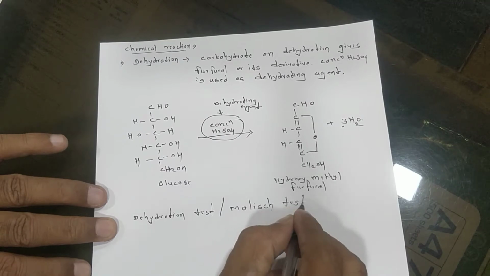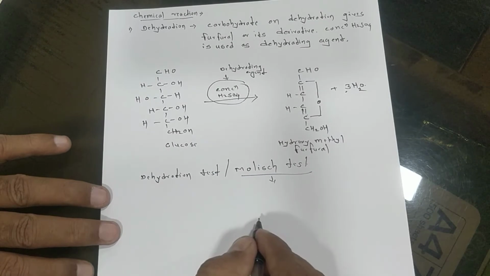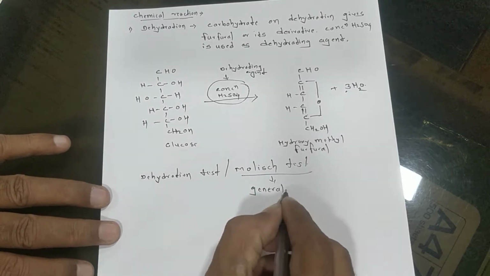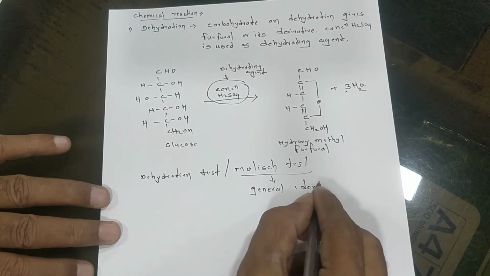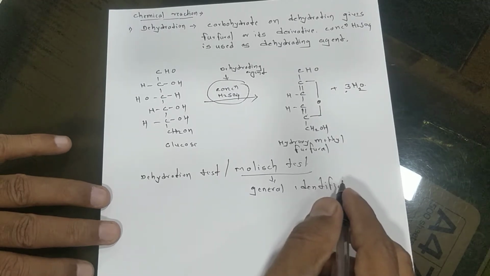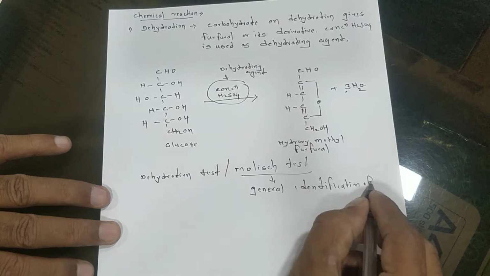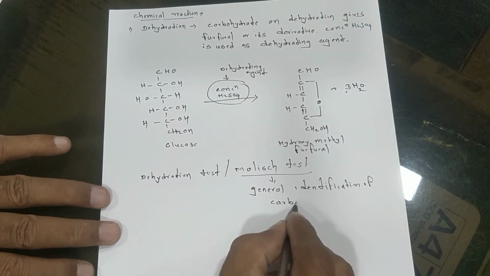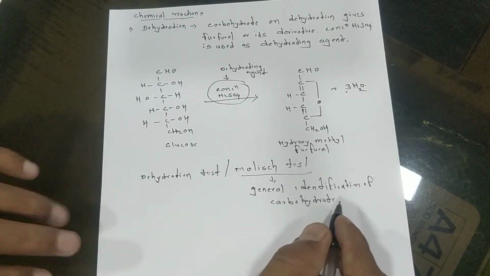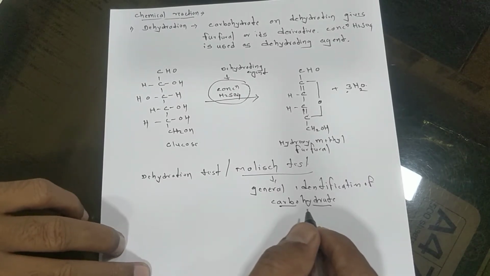The Molisch test is used for the general identification test of carbohydrate. It is generally used to identify the given sample. It may be a carbohydrate.